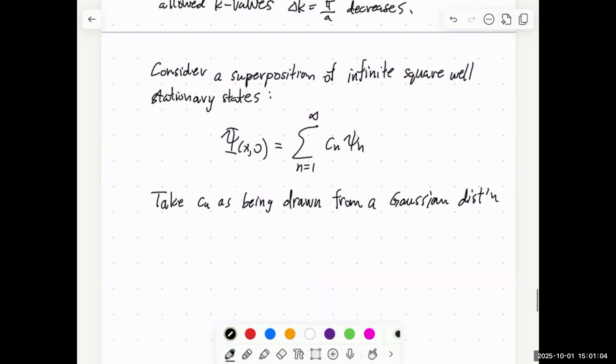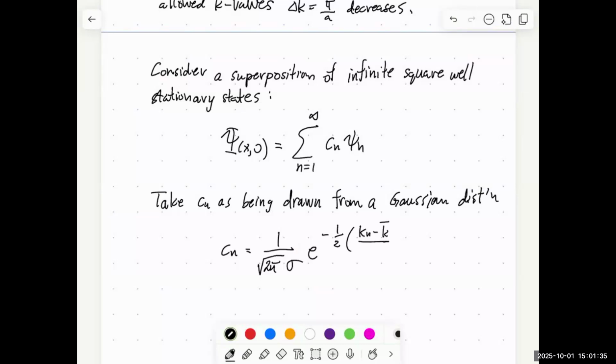A Gaussian distribution is something like a 1 over root 2 pi sigma prefactor, and then e to the minus 1/2. Then I'm going to pick some mean for k, and my C_n's are going to be determined by how close we are to that mean value.